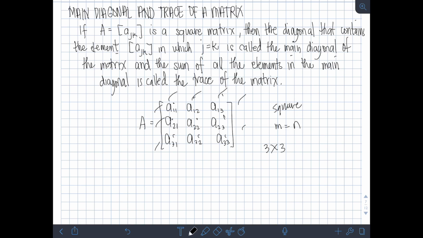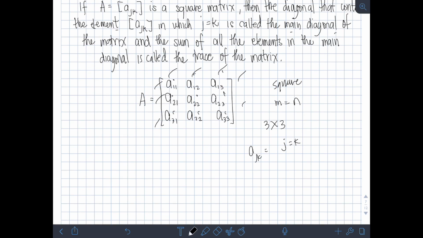So sabi sa definition, yung main diagonal daw ay yung entry doon sa matrix kung saan doon sa A sub jk, yung j is equal sa k. So therefore, ito yung may mga elements na A11, A22, A33, and so on. Kasi dito, alam naman natin na yung diagonal para siyang slant line, di ba?